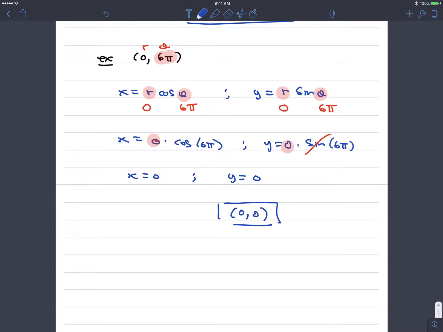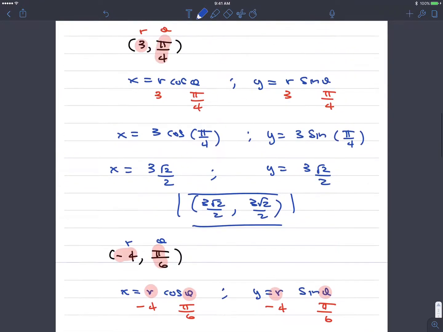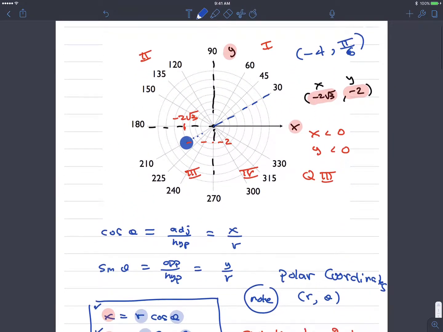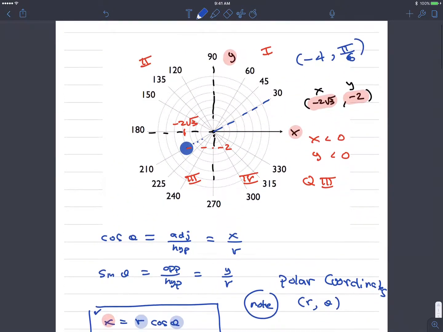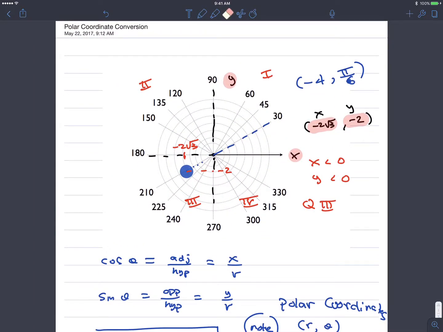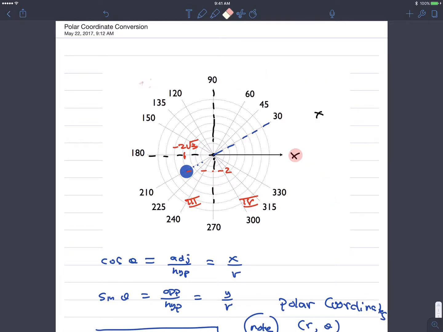How do we know? Let's go back. Okay, let's go back. That's fine. We'll go back here. Let's erase everything here. What was the polar representation?